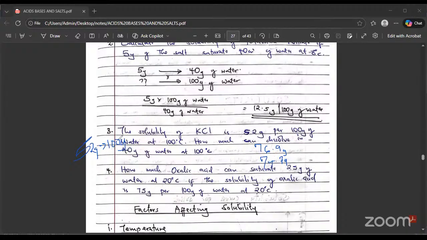Remember, this one is 52 grams of potassium chloride per 100 grams of water. So the 100 grams is water. Let me just use W for water. How much can dissolve in 40 grams of water? So the 40 grams of water should be here.